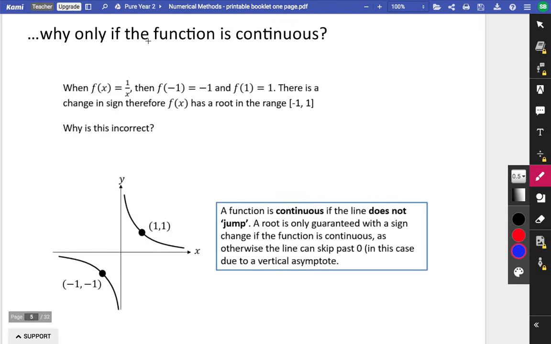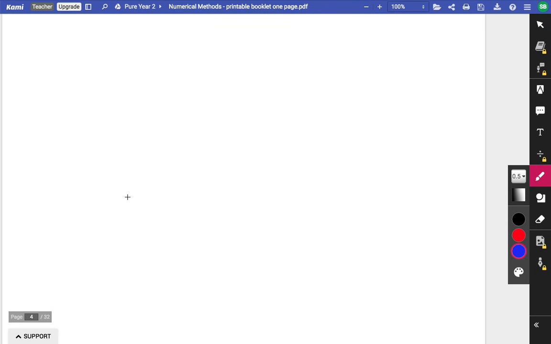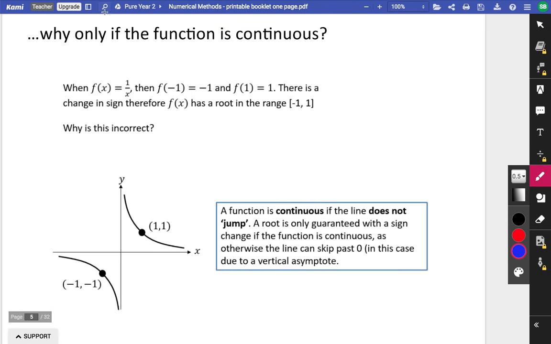Why, though, is it only true if the function is continuous? Well, if you think about this graph that we had here, continuous means that it just smoothly runs across the page. You can move across the page without taking your pen off it. So I'm going to write that at the top here.